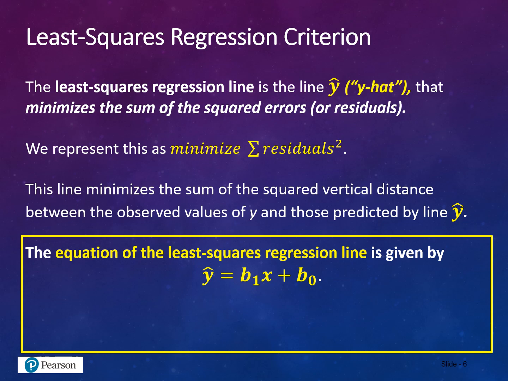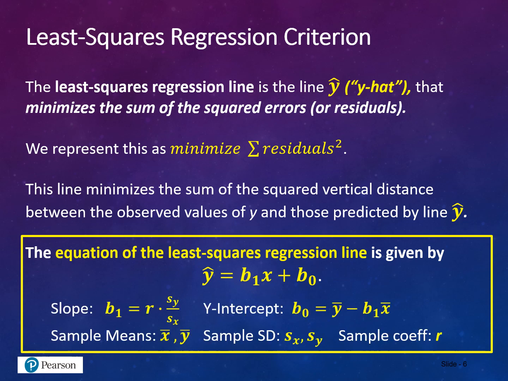The equation of the least squares regression line is given by y hat equals b sub 1 x plus b sub 0. The slope b sub 1 is equal to r times sy over sx, the standard deviation of the sample for y over the standard deviation for the x variable.